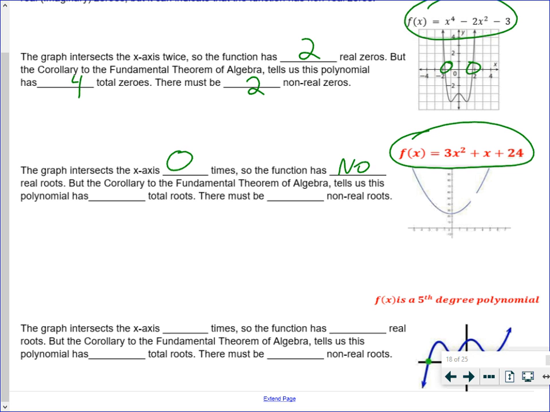So if I have no real roots, and the degree of the whole function is 2, so I have to have 2 total roots, that must mean there's going to be 2 non-real roots. I have 0 real roots because I never intersect the x-axis, so that means I have 2 non-real roots.